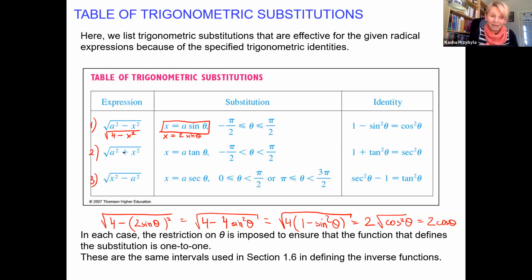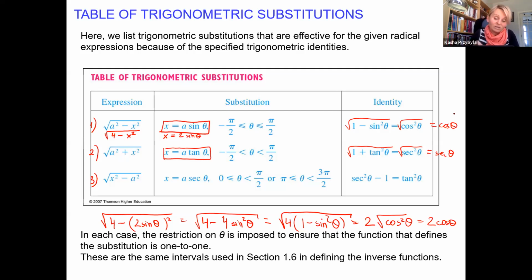But if it's plus x squared, the substitution is tangent theta, because 1 plus tangent squared is giving me secant squared. And if we do have this square root, we can simplify, the same as I did. That's the point, to not have the square root.